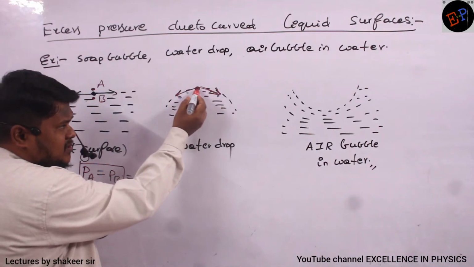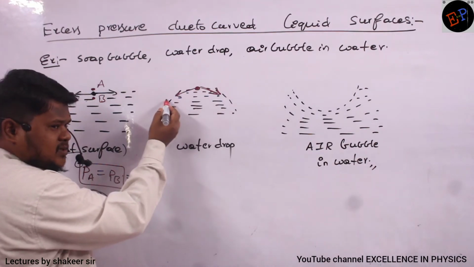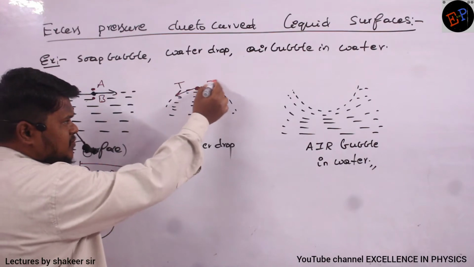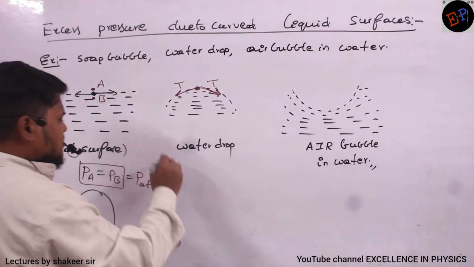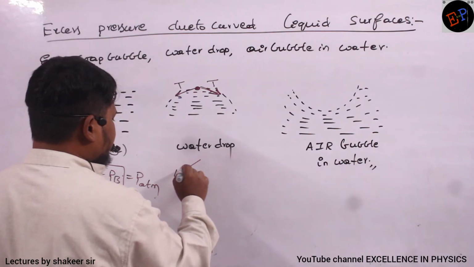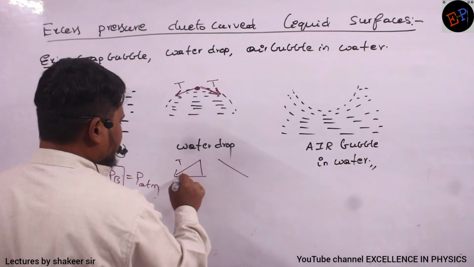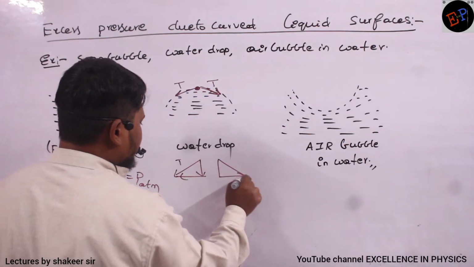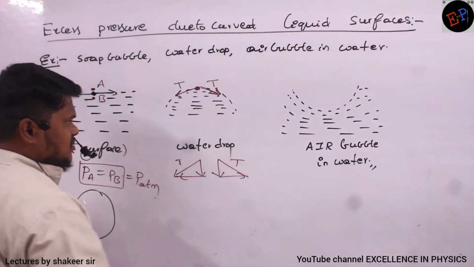So this molecule is attracting the drop in this direction, and this molecule is attracting the drop in this direction. So surface tension forces are also acting in a curved fashion. So these surface tension forces, if I split them into two components, I can split like this, no? This is how we can split vectors, no? So this is one force, this is another surface tension force.